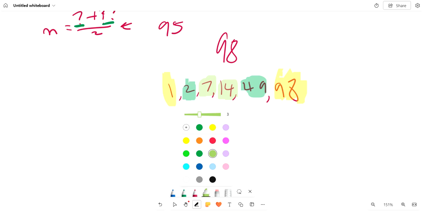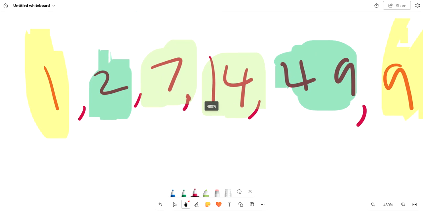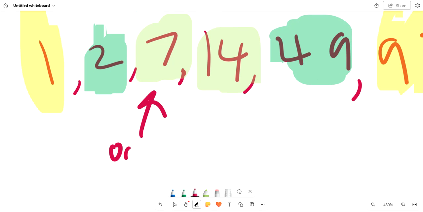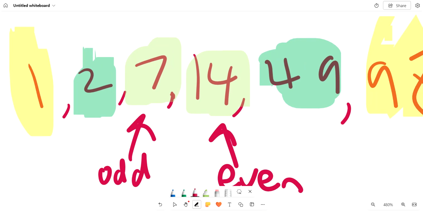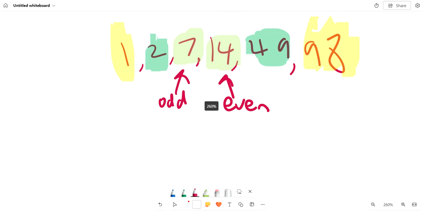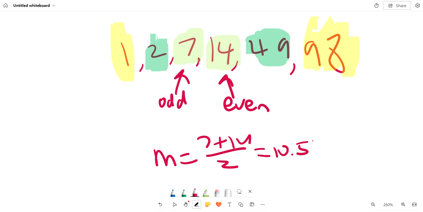Let's try the innermost. This one's odd, this one's even. That's not supposed to work, but if we input it, 7 plus 14 over 2, we see that this is not an integer. And so we see it doesn't work.